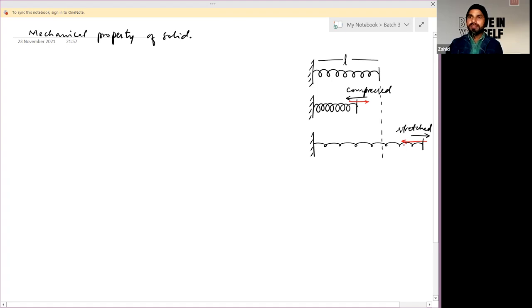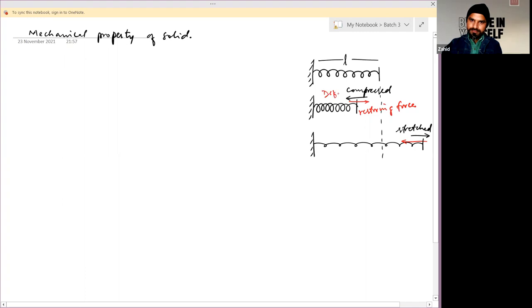This force will have a tendency to regain its original shape or configuration. This force is termed as restoring force. And the force which changes shape while compression or expansion is termed as deforming force.